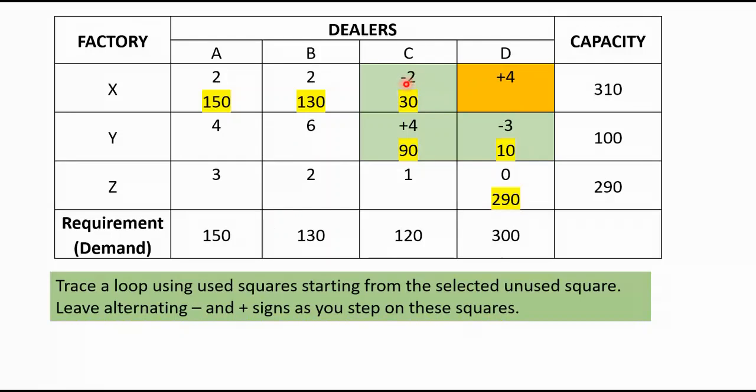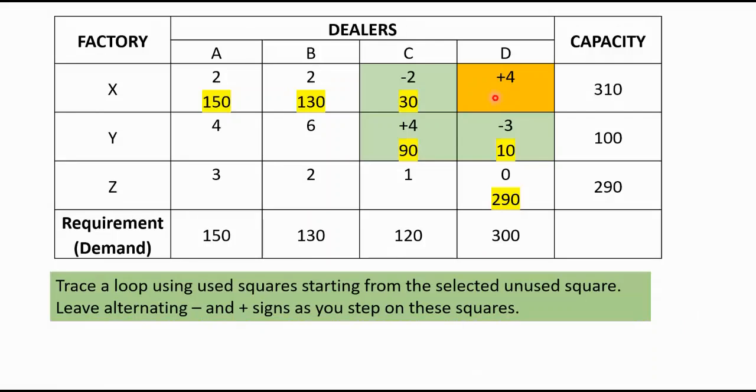Now after that square, we will be going down, and then we will leave a positive sign, and then to the right a negative sign, and then to the original square. So we are making a loop right here, making sure that we are able to go back to the original square, which is DX.